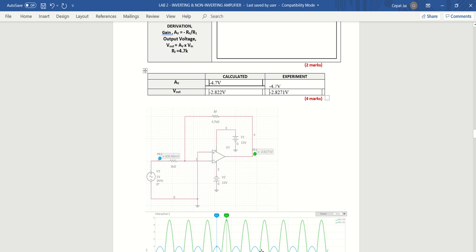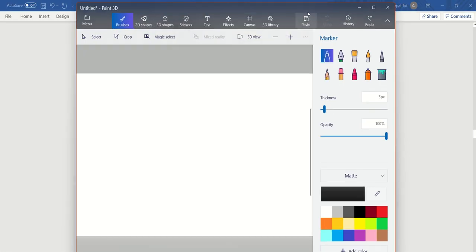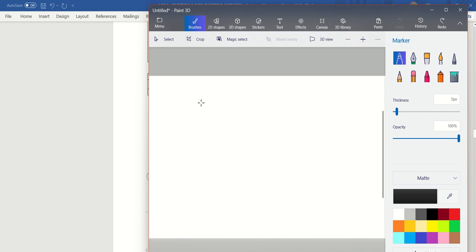And how I get the voltage gain is with the formula I calculate, like this: negative 4.7K over 1K, and it's equal to negative 4.7. This is the AV, or voltage gain.